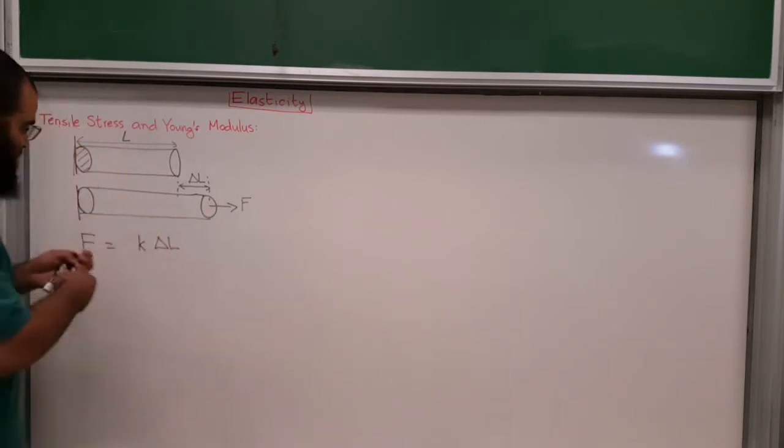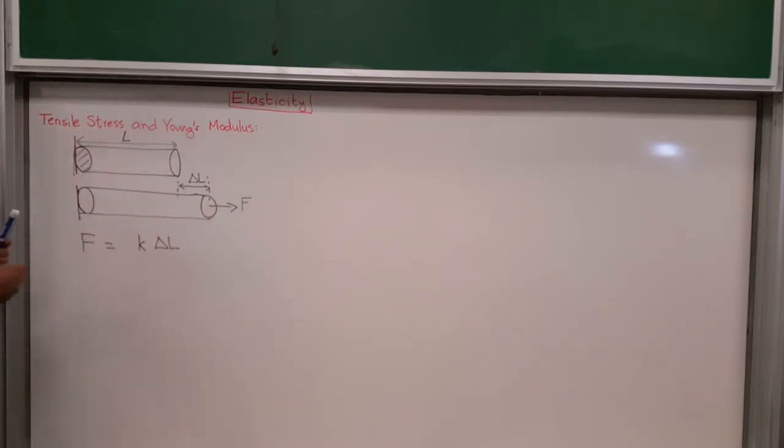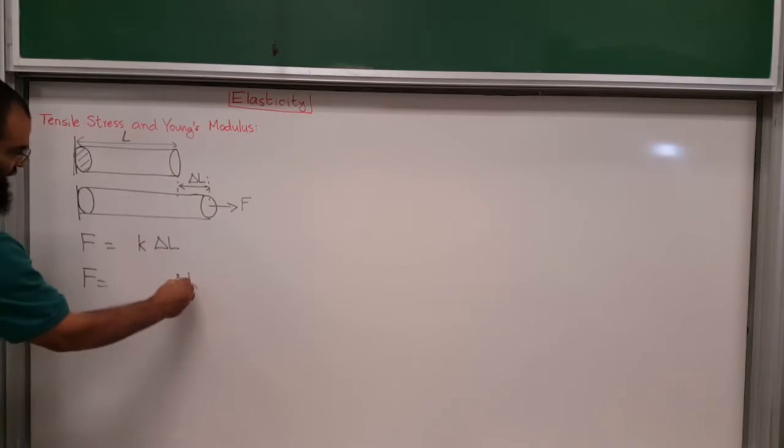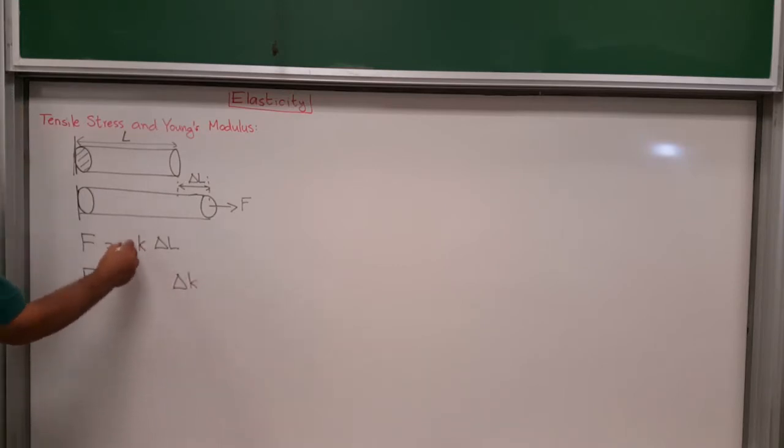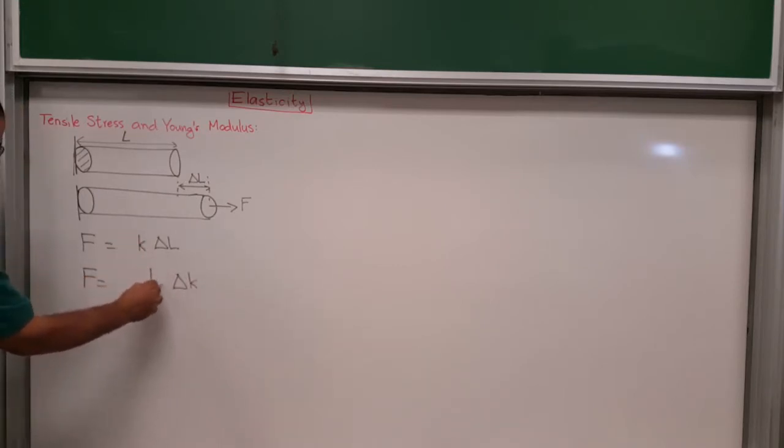So the force here will equal, instead of writing just K, I'm going to write that K itself will depend on the initial length of the rod. It's easier to stretch a longer rod, so it's inversely proportional to the length, but it's harder to stretch with a larger area.